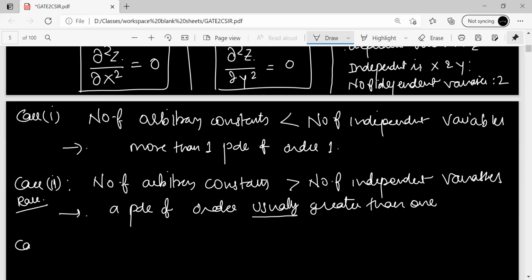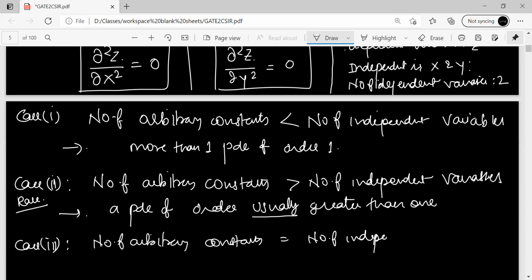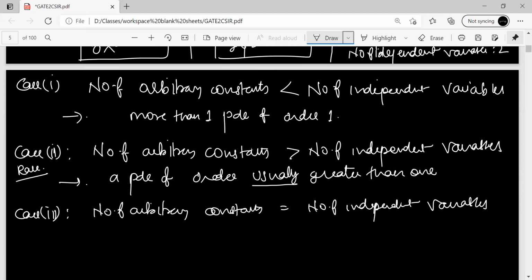And then you have case 3. Case 3 says the number of arbitrary constants is equal to the number of independent variables. When these two are equal, it's the most special case.